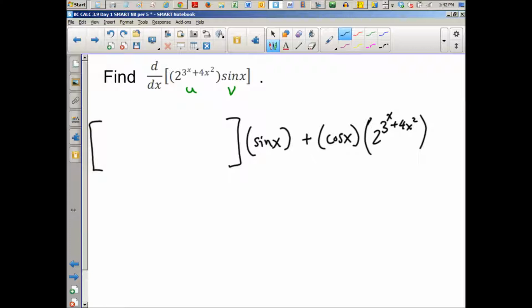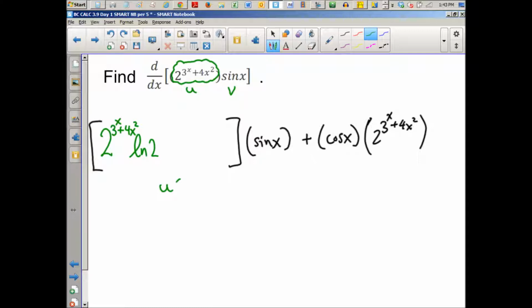Okay, so we got to work on that u prime here. So what is u prime going to be? Well, primarily u is 2 to the something, right? So it's going to be that exact same junk times ln 2. Good. Very easy to forget. The 2 to the junk ln 2 goes together.